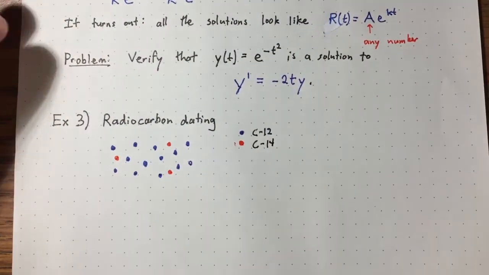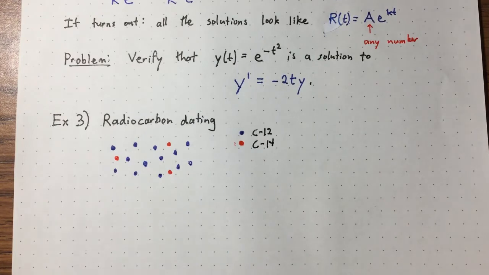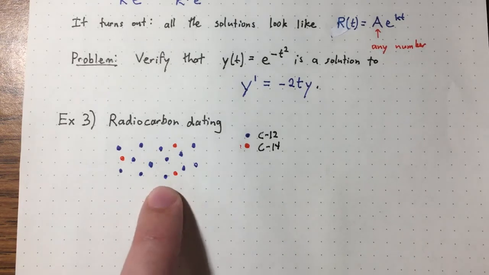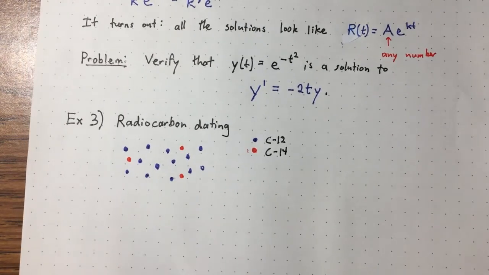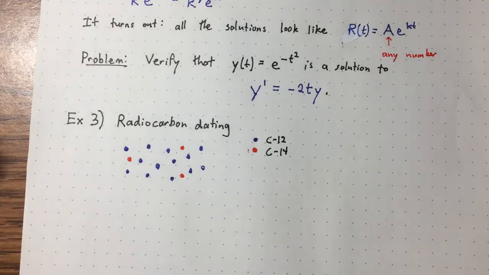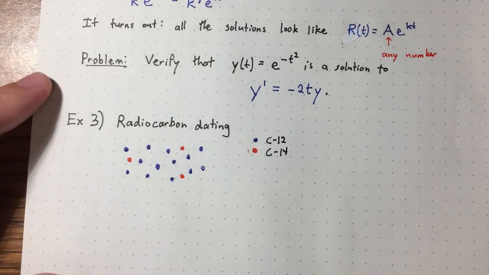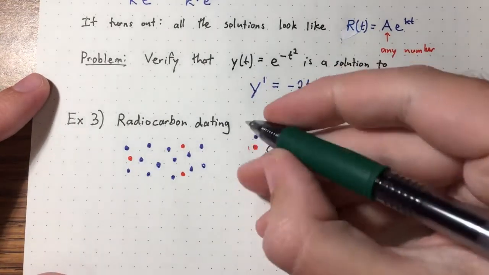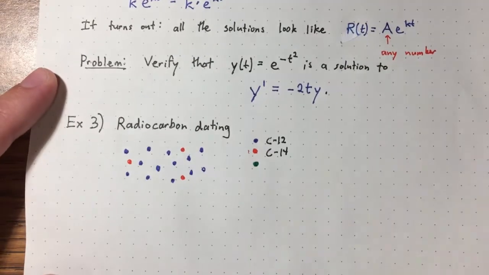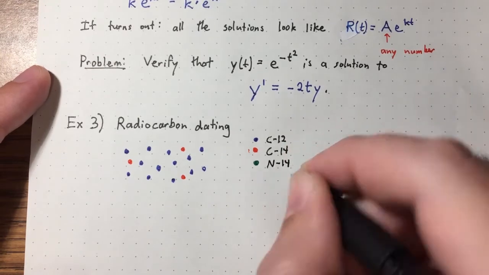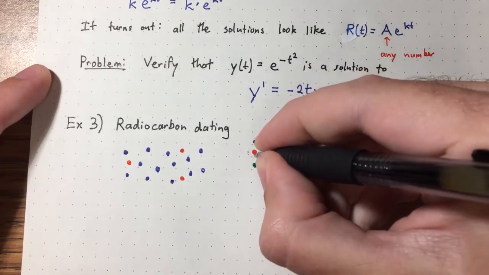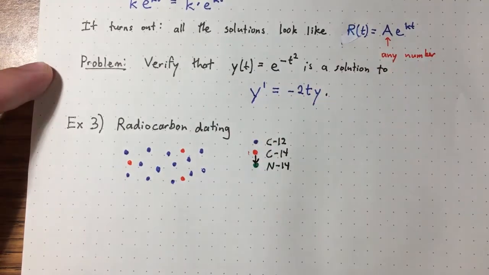Okay. And essentially, after an organism dies, the carbon-12 will stay carbon-12. The carbon-14 will begin to decay, and it'll actually decay to, I believe, nitrogen. So it'll undergo a beta decay to end up at nitrogen-14. So this will go to this.